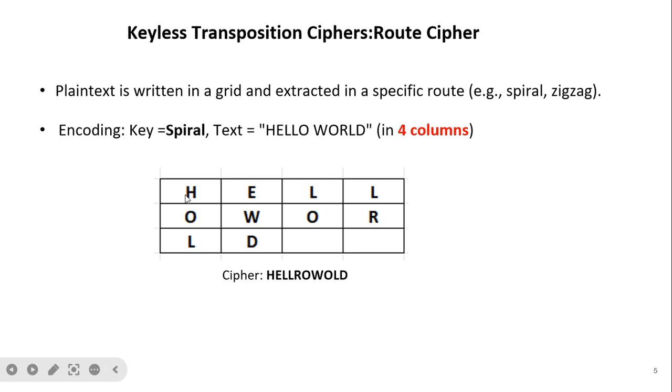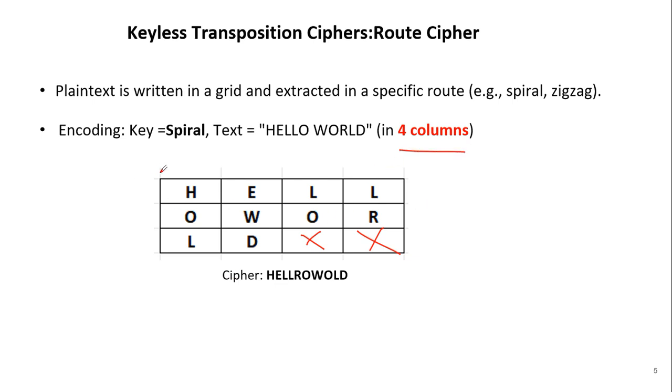Now during the encryption we will write HELLOWORLD, following the same order: first row complete, then second row complete, then third row complete. Here we can use a filler also, that is XX. Now the columns are fixed.